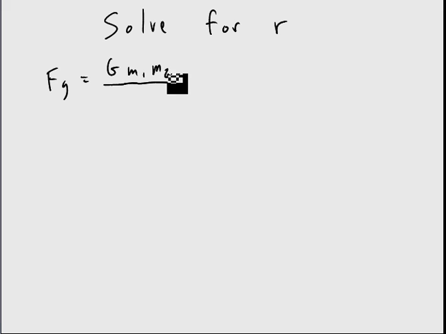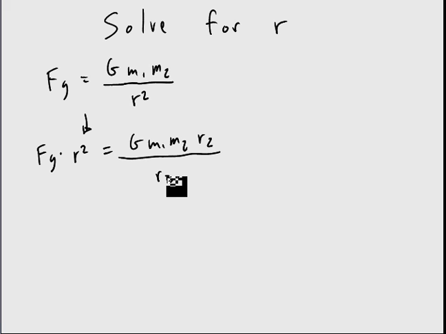But if we just use algebra to rearrange this equation, if I multiply both sides by r squared, those r squared would cancel out. Then I divide both sides by Fg, and these Fg's would get canceled out.